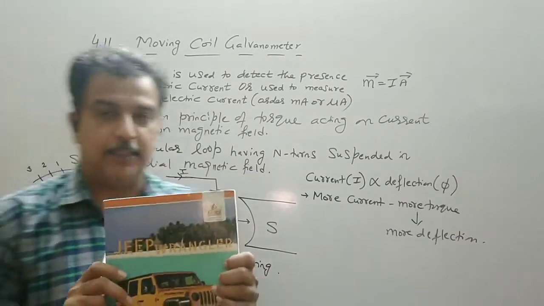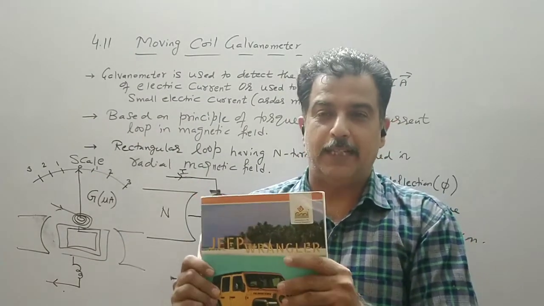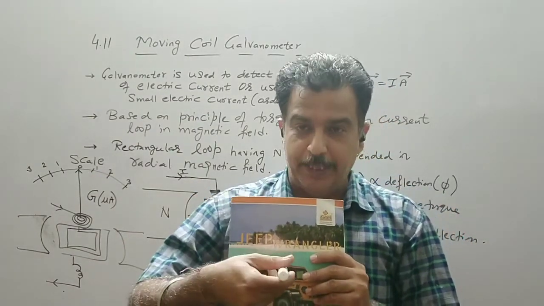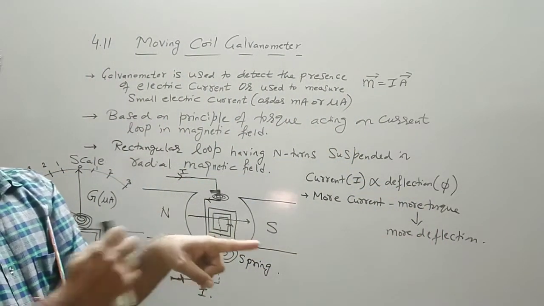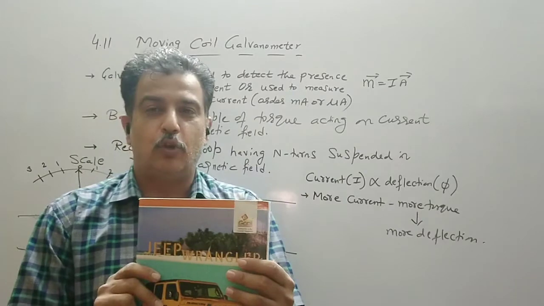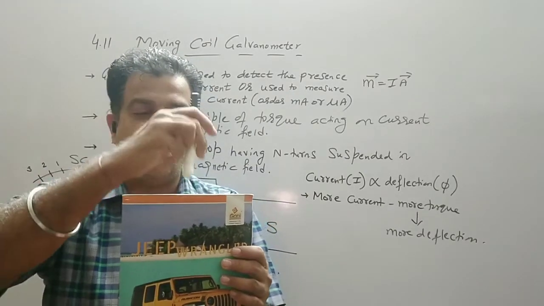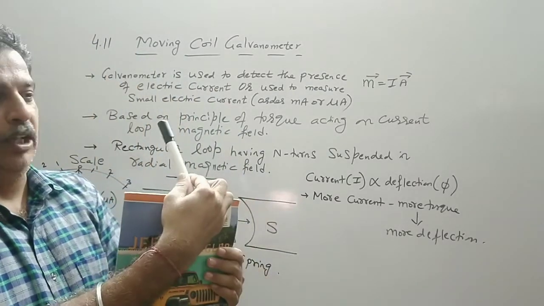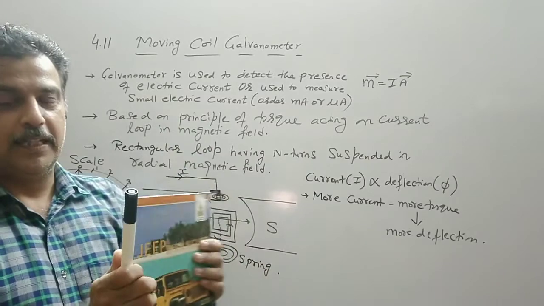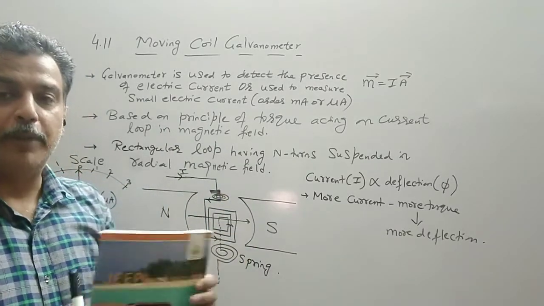But actually let us rotate it by a small angle. So that same concept, this is your M vector and B is along the x-axis. Now let us assume that this coil rotates by a small angle like this. So this pointer, which was initially showing the zero deflection, will also turn either on this side or this side depending in which direction the current is being passed.